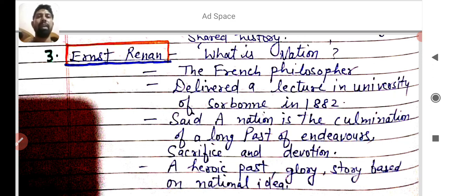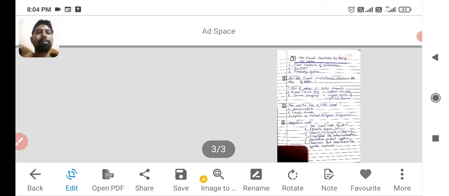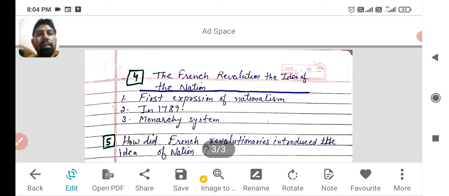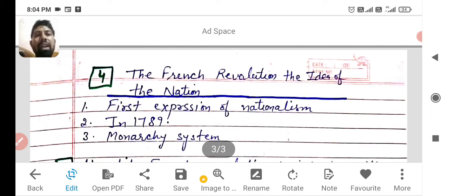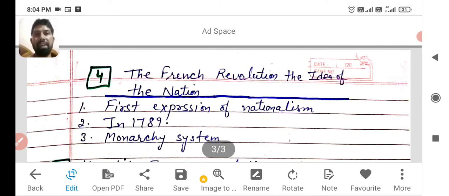And the next point of today is the French Revolution and the idea of nation. You learned what the major view of Ernest Renan about nation was, but the French Revolution introduced the people of Europe to the idea of nation. You learned this in 9th class also.